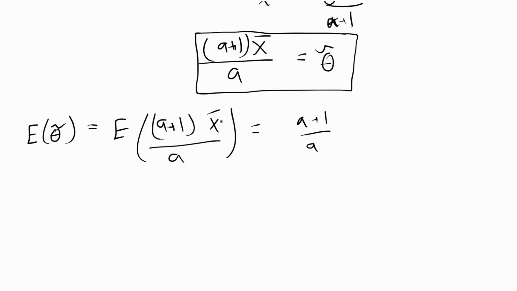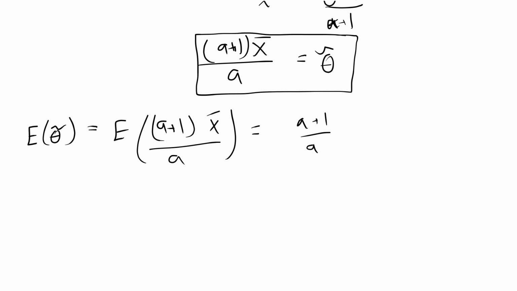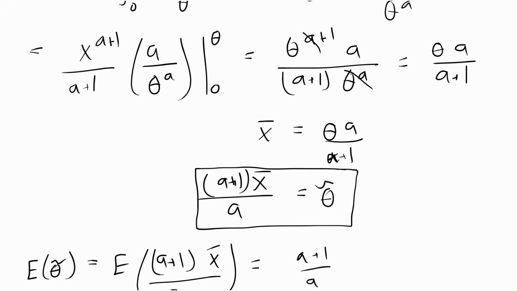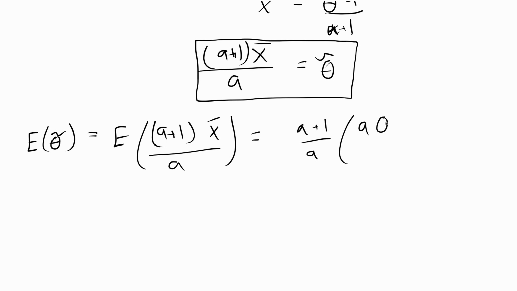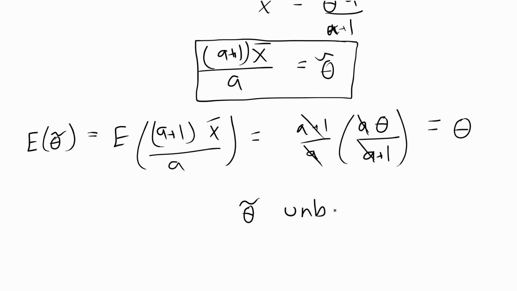This is equal to mu, which we have from the first part, which is just this expected value. So that's going to be a theta over a plus 1. A plus 1 and a cancel. So we have that the expected value of theta tilde is equal to theta. So in this case, theta tilde is unbiased. And we are done with this problem.